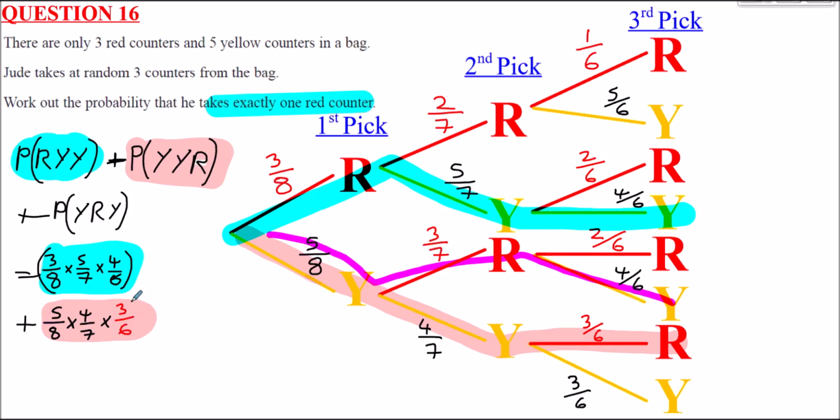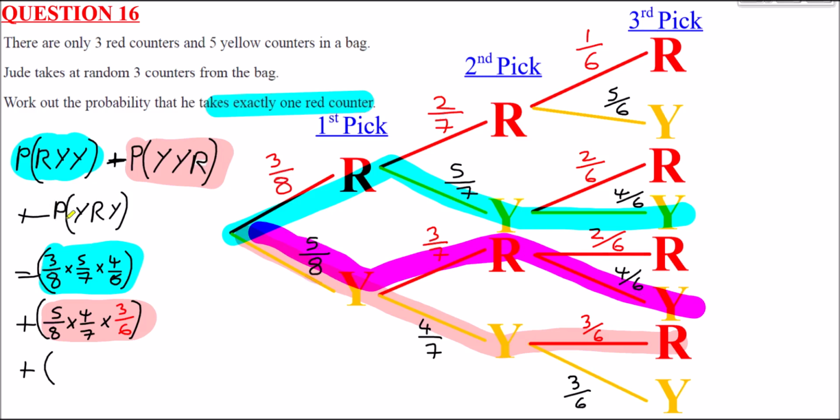And the final one is, of course, where we go yellow, red, yellow, the one I did in the purple, this one here. So looking at the probabilities we cross along this purple branch, first of all we've got 5/8, then multiply by 3/7, which is our red one, then multiply finally by 4/6.